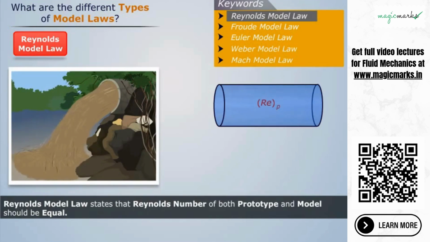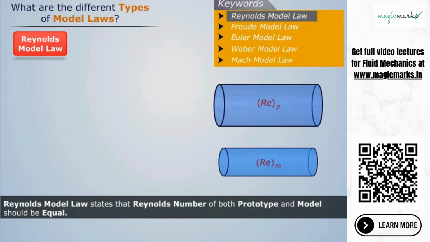Now let us design a model of this prototype. Let Rem be the Reynolds number of this model. Now according to Reynolds model law, the Reynolds number of both the prototype and model should be equal.